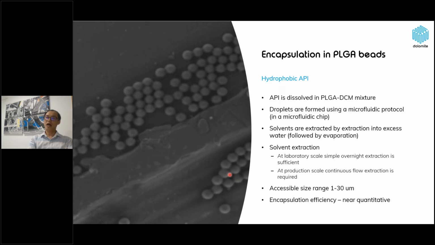And the solvents are extracted by extraction into excess water, followed by evaporation. With the solvent extraction process at laboratory scale, a simple overnight extraction is sufficient. And at the production scale, continuous flow extraction is required. It achieves a particle size range of 1 to 30 micrometer using this method, and the encapsulation efficiency is nearly quantitative.